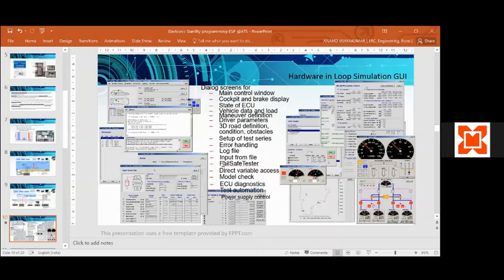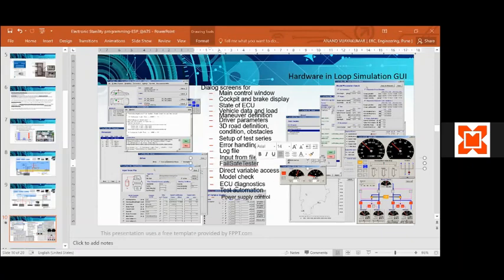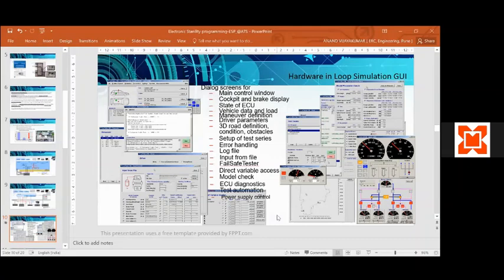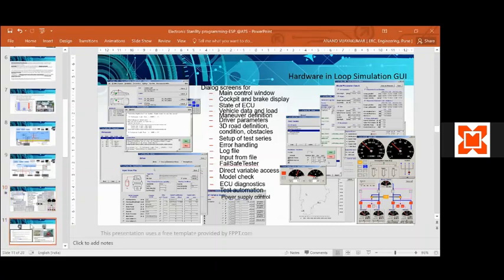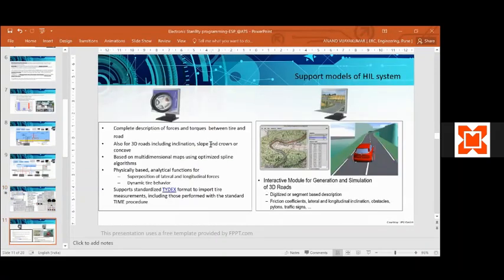We have a fail-safe tester where we can simulate vehicle fail-safe conditions, both electrical and mechanical, and we are able to assess the vehicle in a virtual environment. As I said, there are other models like tire, which are all key elements of the simulation, because this contributes a lot in creating that environment.